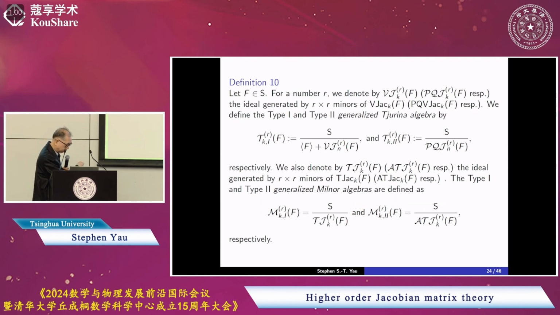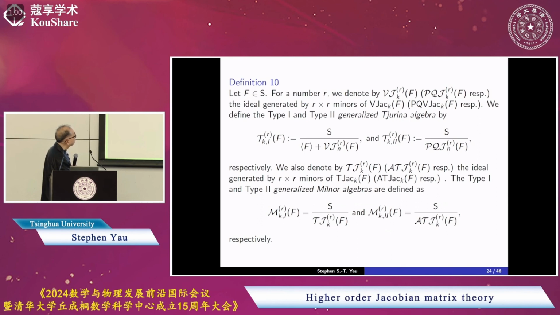All the previous things involve only the first derivative. Now we generalize: we look at the higher order Jacobian matrix. We look at the ideal generated by all R by R minors in this vector Jacobian matrix of order K, and you take the quotient of the power series ring by F together with all these R by R minors.